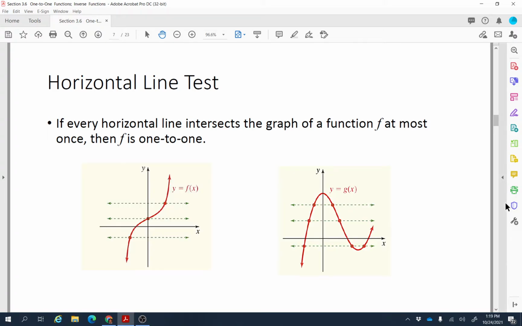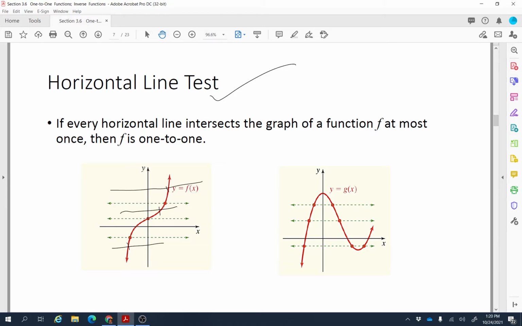For example, there are two graphs here. The first graph, even if you draw infinitely many horizontal lines through it, there is no way that any horizontal line will intersect more than once. So that means this graph passes the horizontal line test, so this is a one-to-one function.